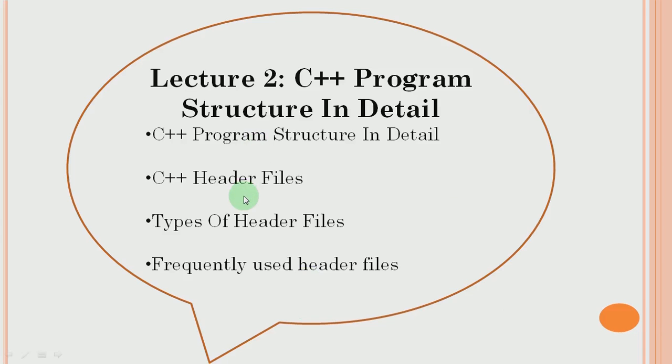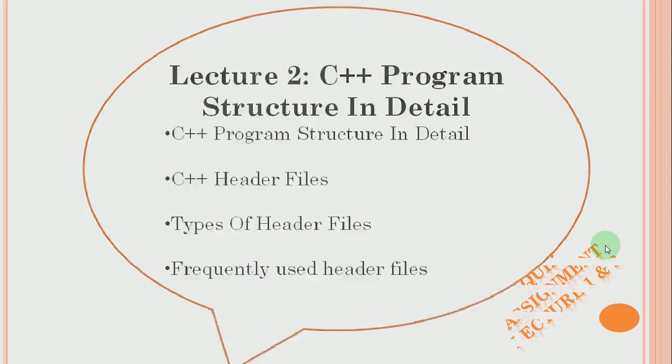Then we look at what header files are, what the different types of header files are, and what the frequently used header files in C++ are. After lectures 1 and 2, we have an MCQ-based quiz, and then an assignment that can contain some questions from the lecture, and also some C++ programs that you have to write, from both lecture 1 and 2.